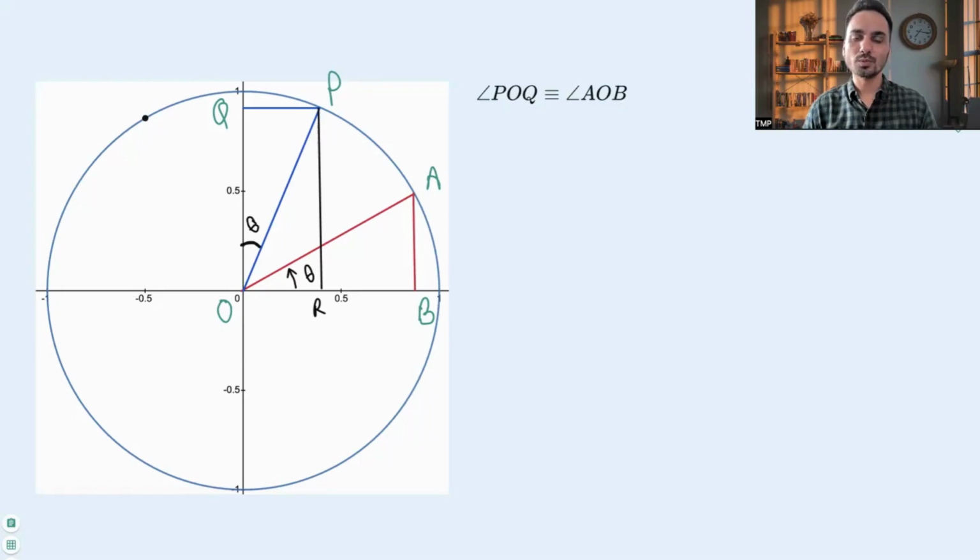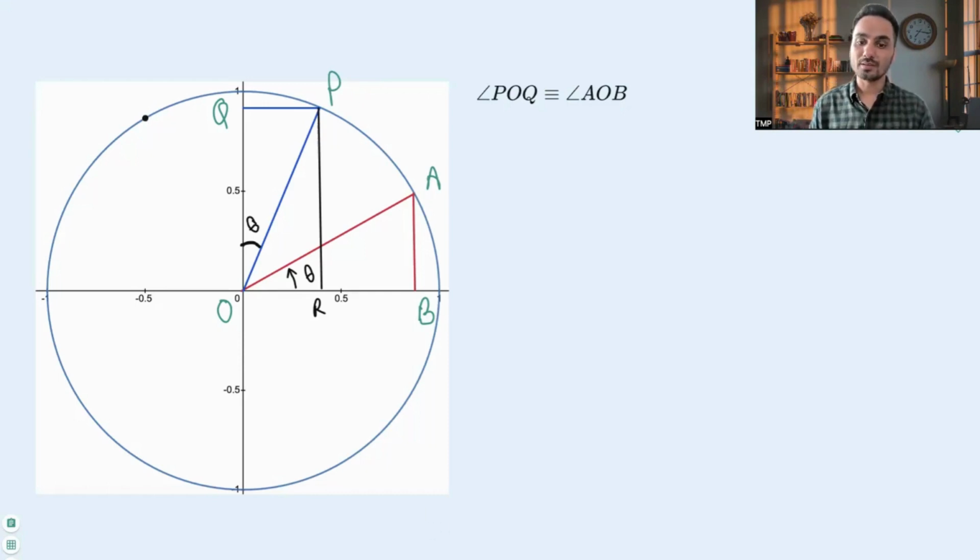Now let's prove the 90 minus theta formula. So I have drawn a unit circle, and in the unit circle, I have drawn a triangle AOB, where angle AOB is equal to theta. And I've drawn a triangle POQ in such a way that angle POQ is also theta.